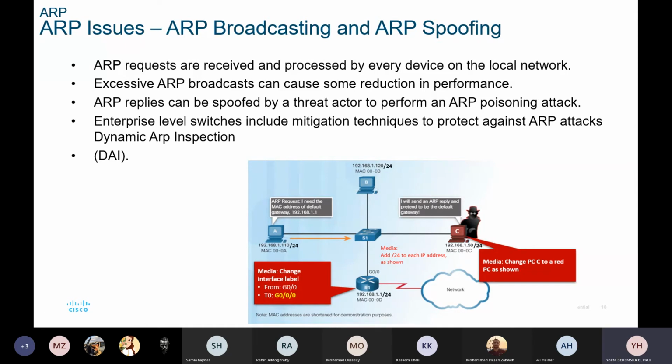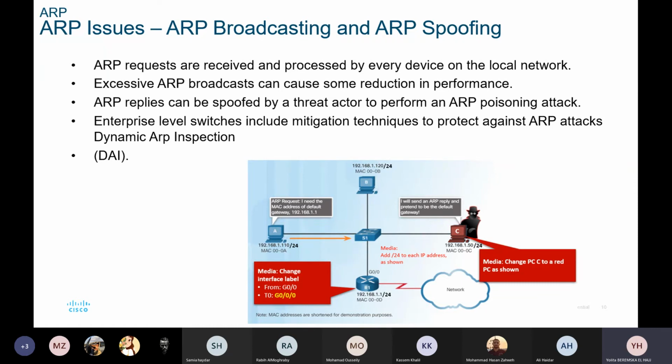So for this reason, we have to provide some security techniques that will prevent the use of unknown end devices on the network. This is what we call dynamic ARP inspection.